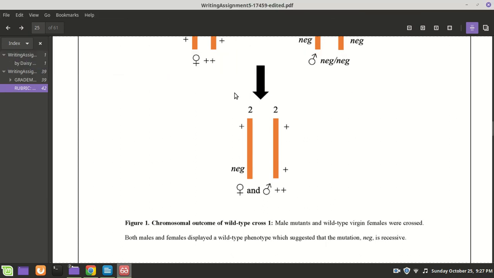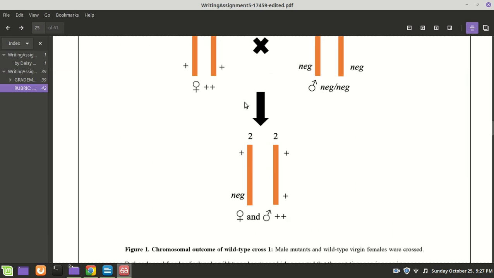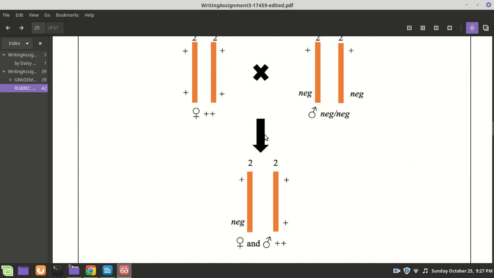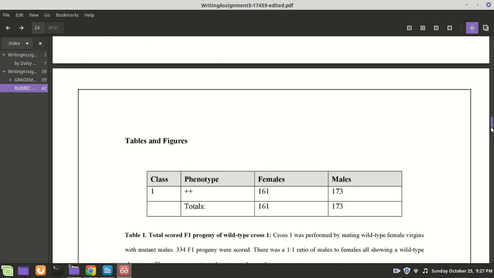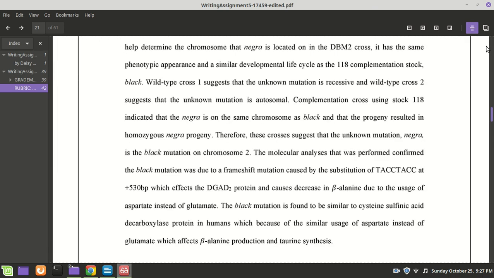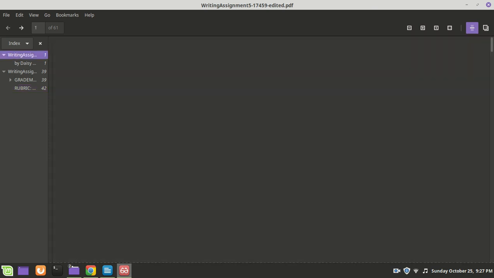Some type of description that gets the idea across as to what's going on in the picture. You can't just say A is this, B is that. You have to say A is this showing something, B is this showing something else. That really needs to be how you put that in there. That also shows you how to do it. So take a look at this paper, especially the one that I've given you.